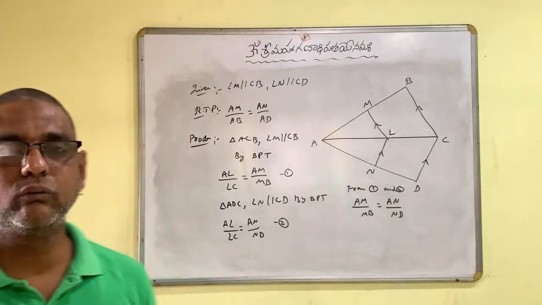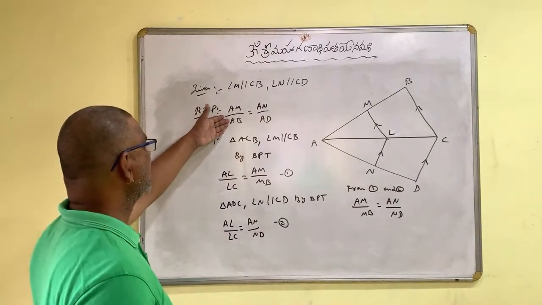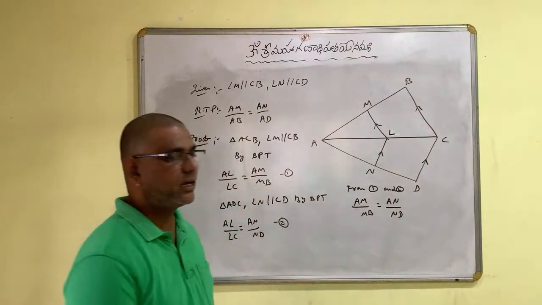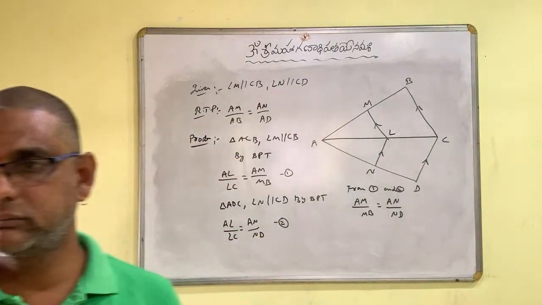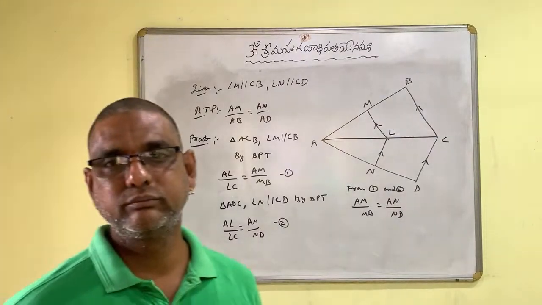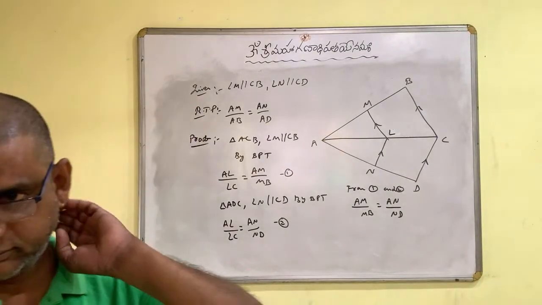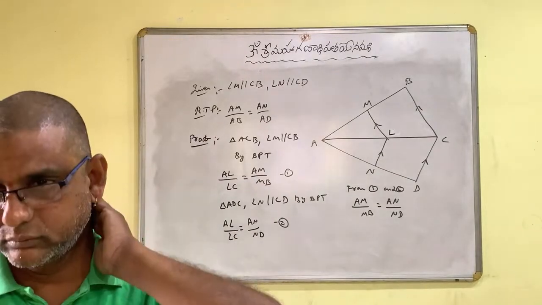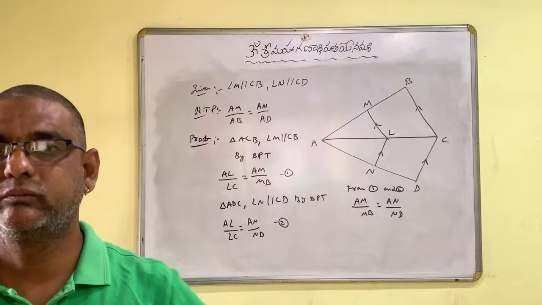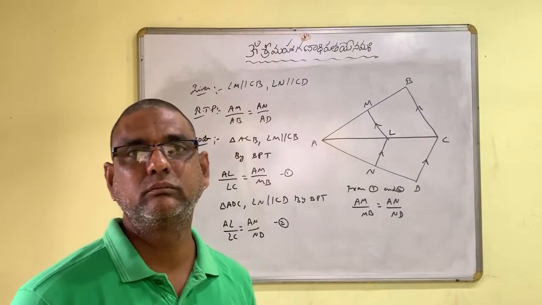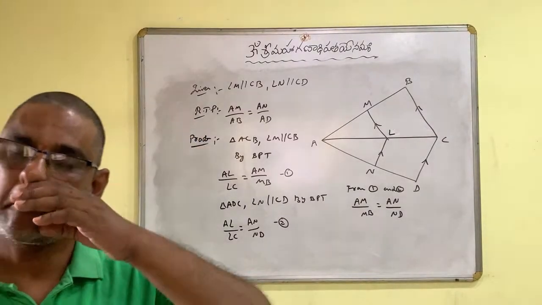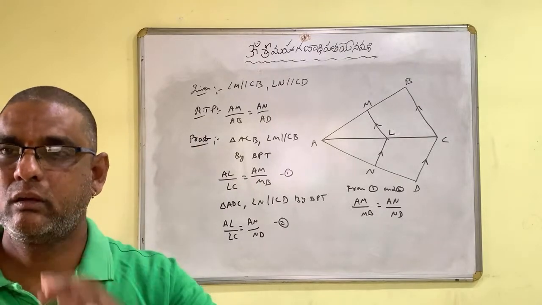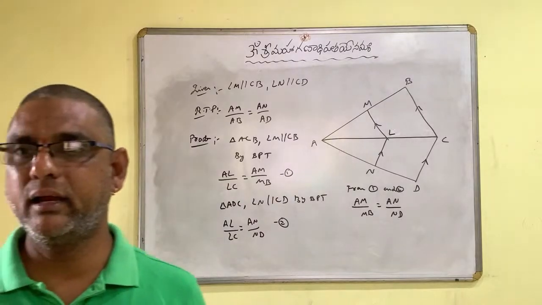After this what to do? That means we got numerators, not denominators. What to do now? Any idea?